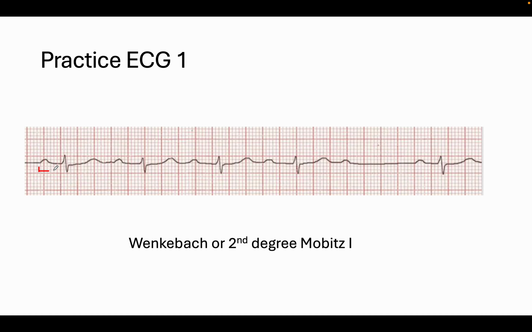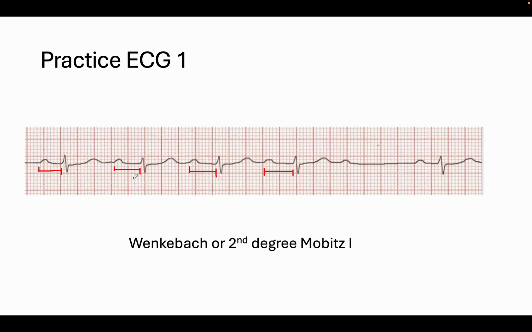So here we can see the PR interval. We can see the P wave followed by a QRS followed by a T wave. I'd say the T wave is particularly quite long in this one. So we can see the PR interval there. We can see another PR interval, and we can see that PR interval looks slightly longer than that one if you were to measure it out. And then this PR interval is slightly longer than that one, and this PR interval is slightly longer than that one.